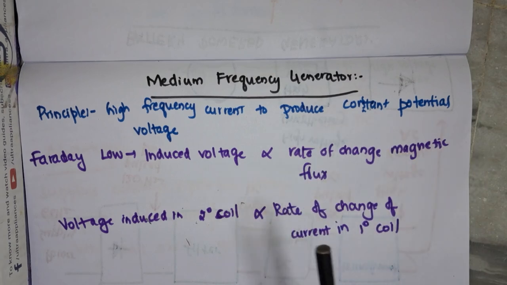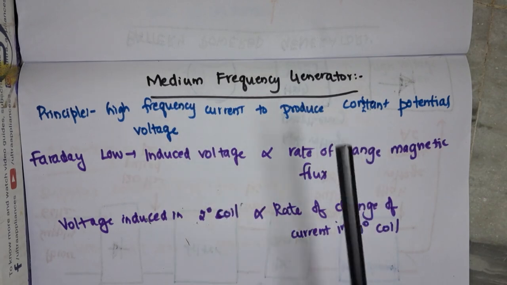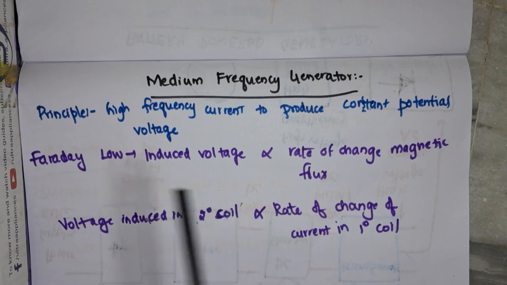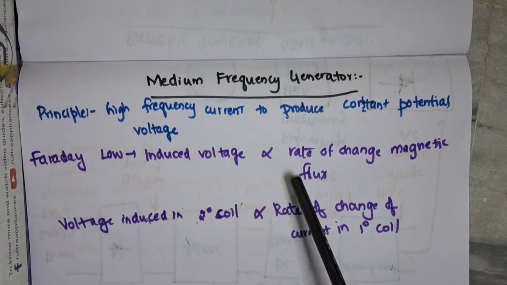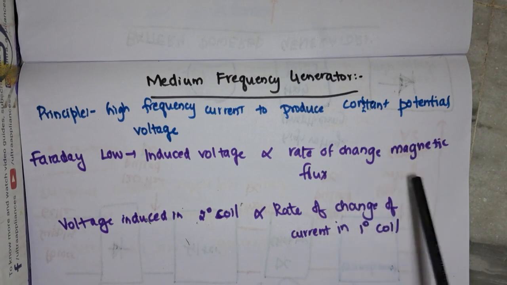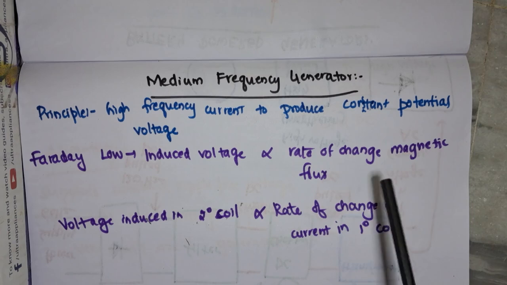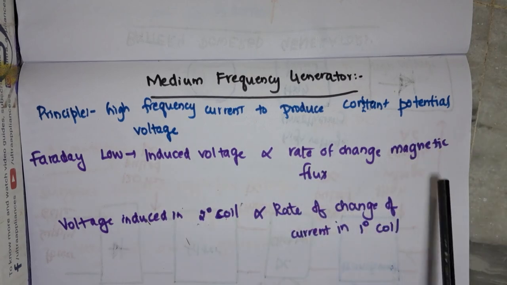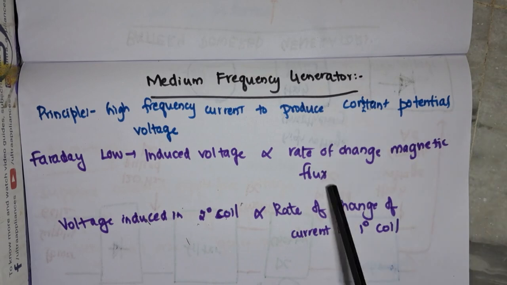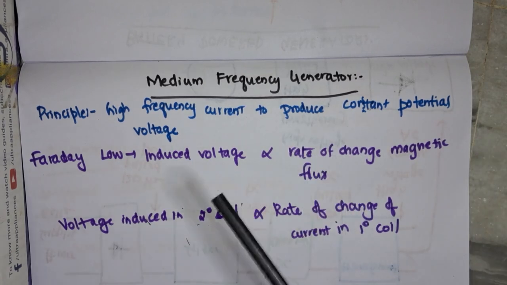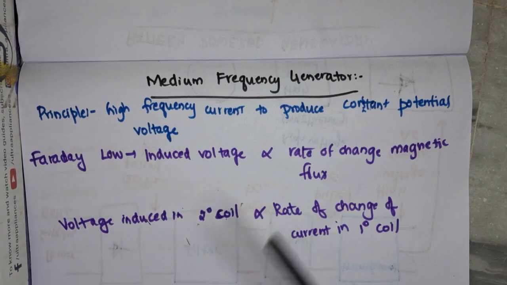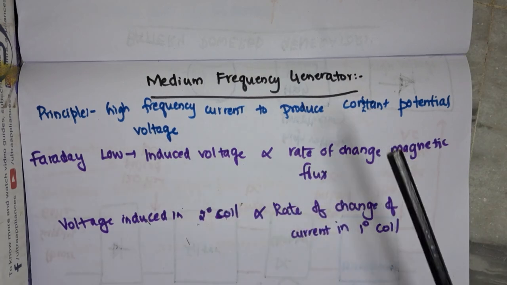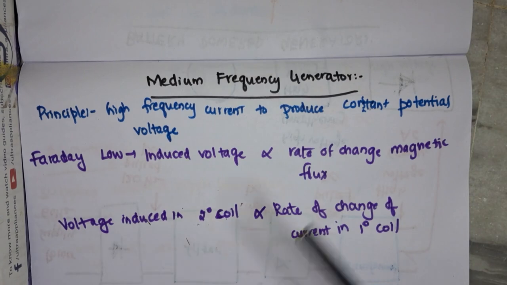In this transformer, the basic principle is based on Faraday's law. According to Faraday's law, induced voltage is directly proportional to the rate of change of magnetic flux. That means we have a transformer, right? Primary circuit and secondary circuit. Whenever electricity flows through the primary circuit, this results in a changing magnetic field.